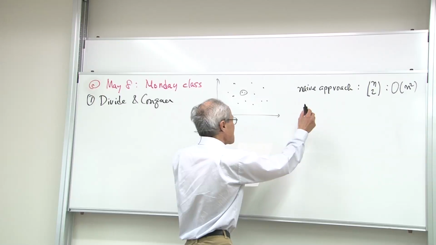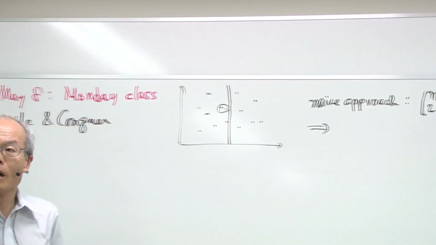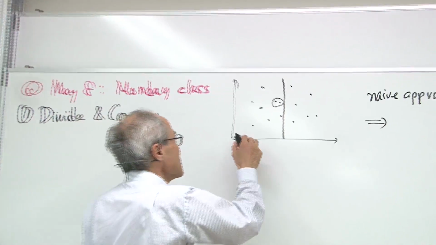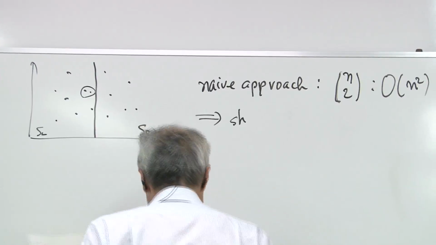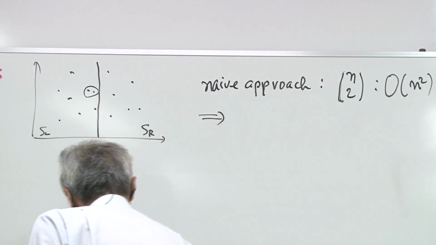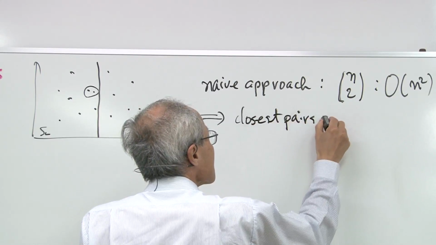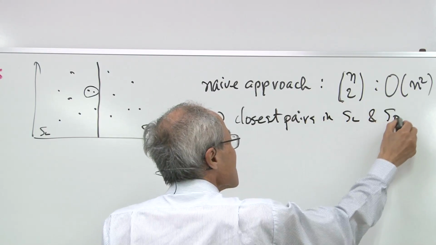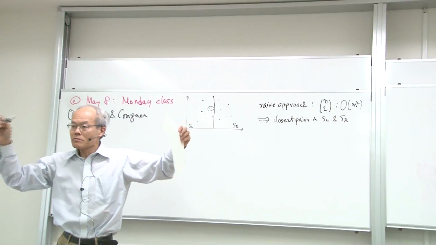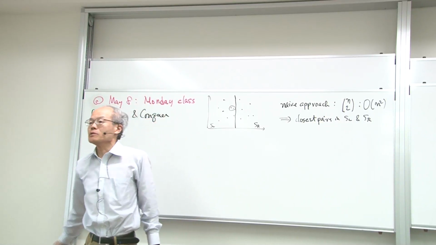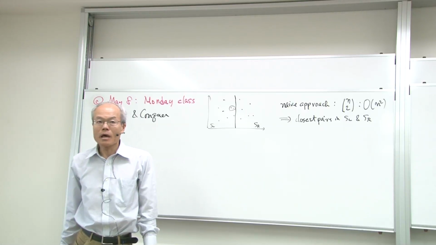So what we do is divide these points into SL and SR. We divide the endpoints into two groups, SL and SR. Then we obtain the closest pairs from each region, of course by using recursion.